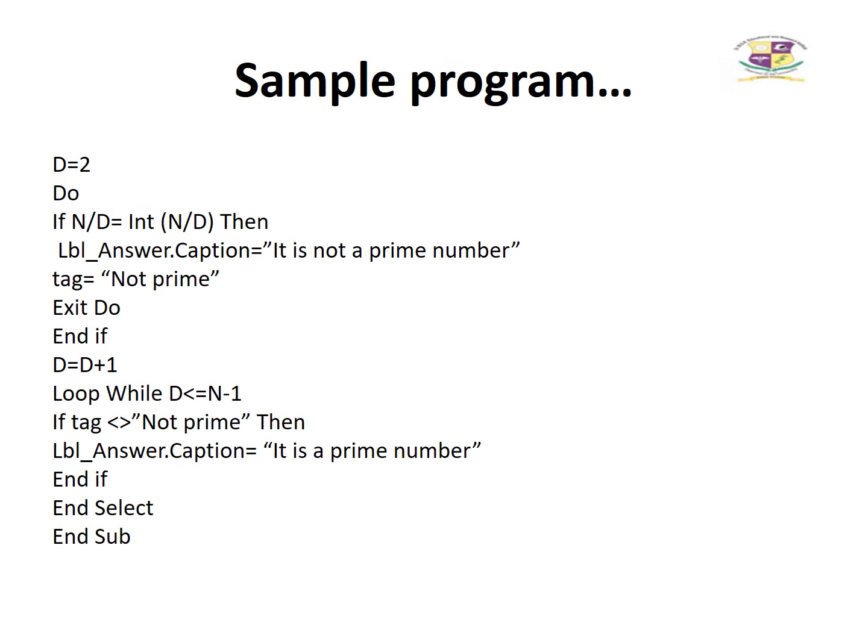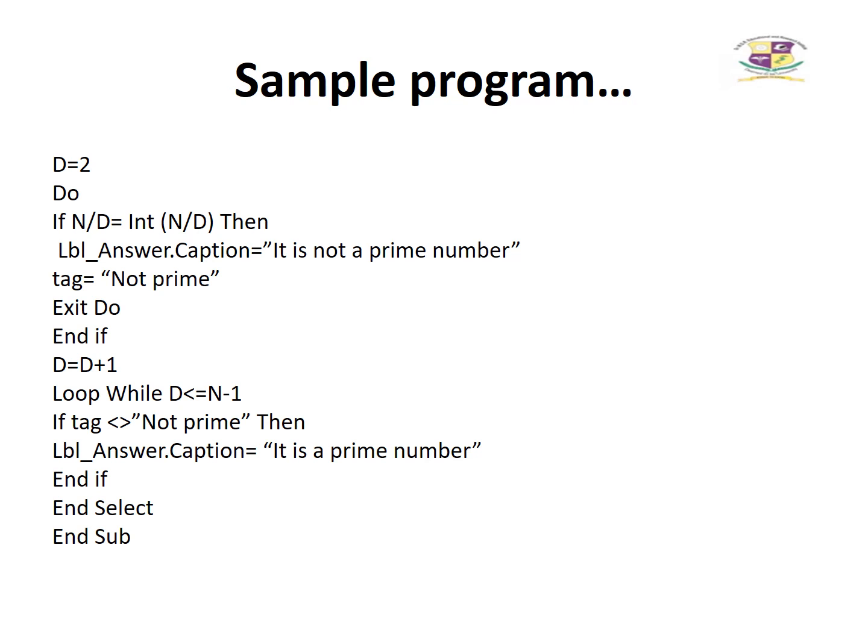D is initialized to 2 and a do-while loop is used to check the divisibility of the given number. The given number is checked by dividing it by the values from 2 till the number minus 1. In any case, if the given number is divisible, then it is not a prime number.